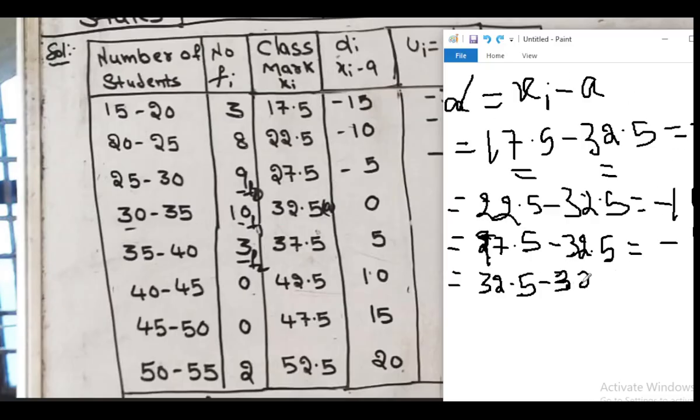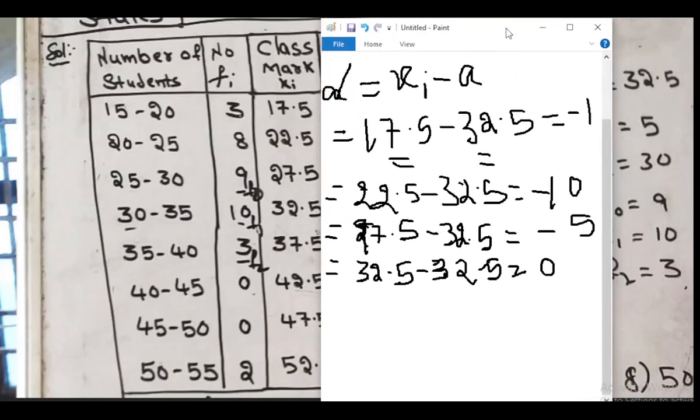So from 32.5, we subtract the 32.5. There we get the deviation 0.